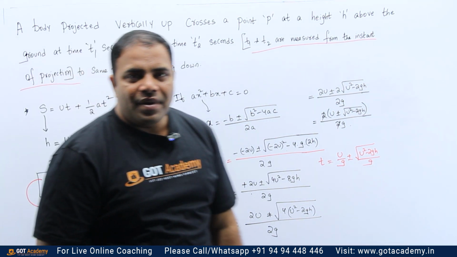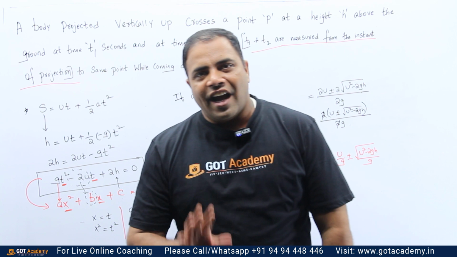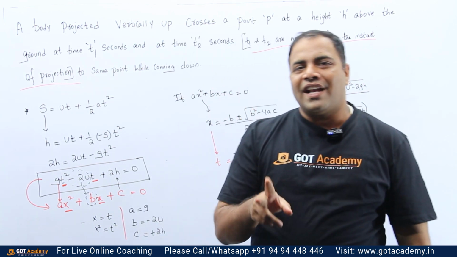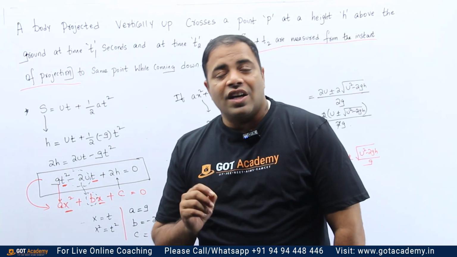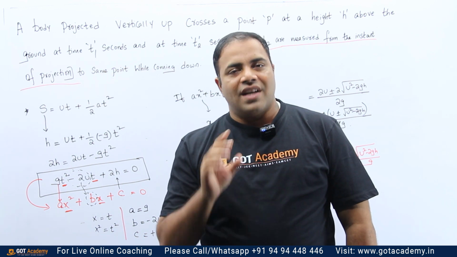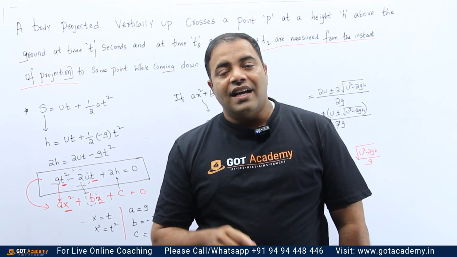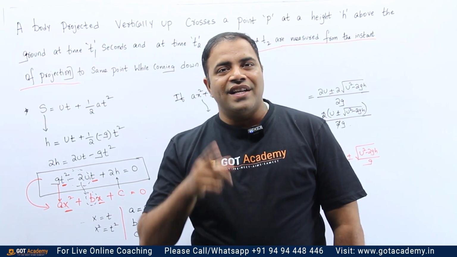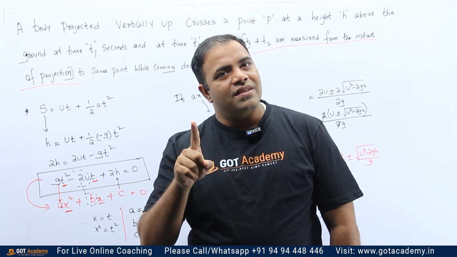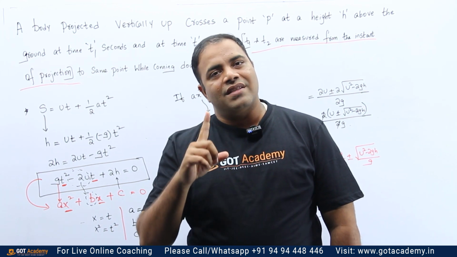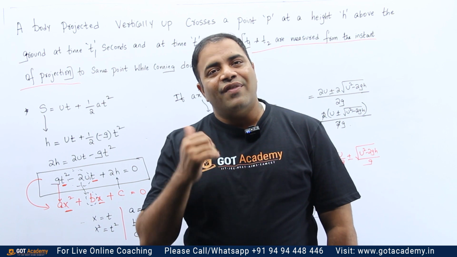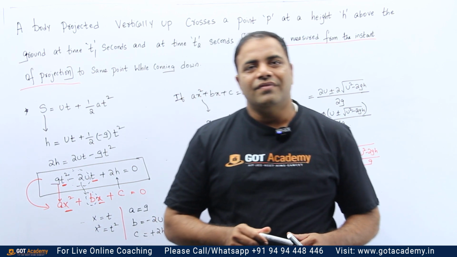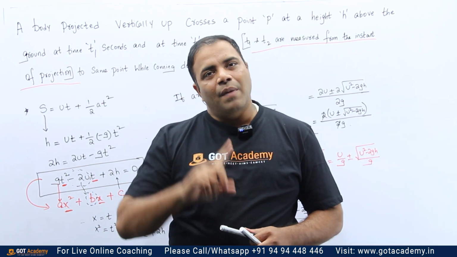So my dear children, previously when I drew the diagram, I told you T1 and T2 are the two times. T1 and T2 are the times which I defined as the time taken for the body to reach point P during the upward journey once and during the downward journey once. Understood? So how did I define that? T1 is the time taken during the upward journey.